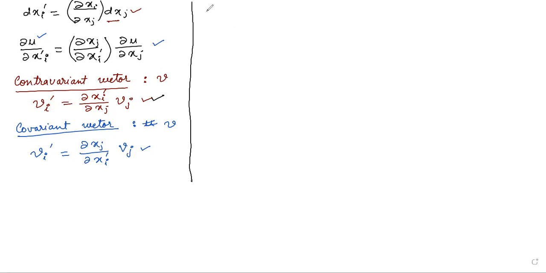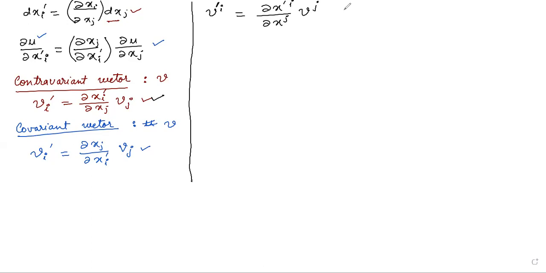It should be v prime i, the ith component of v prime, equal to ∂x prime i, that is the ith component of x prime, by ∂x j, v j.